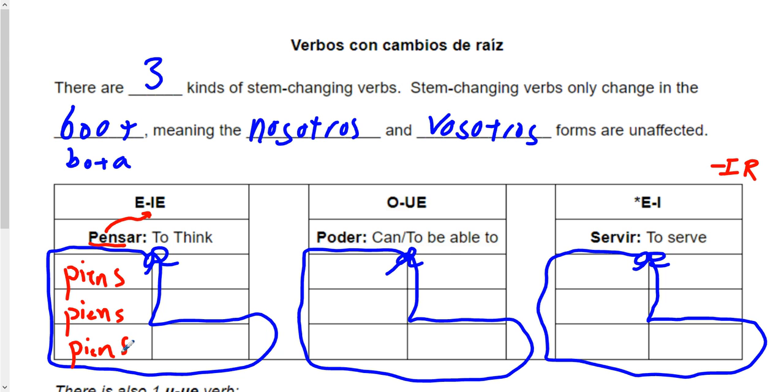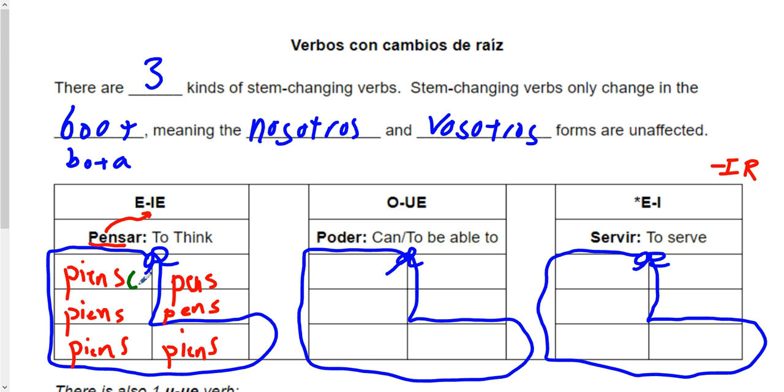And one more time, just for good measure, piens. Outside of our boot, we'll just have the normal stem, pens, pens. And then we conjugate it like we would any other AR verb.